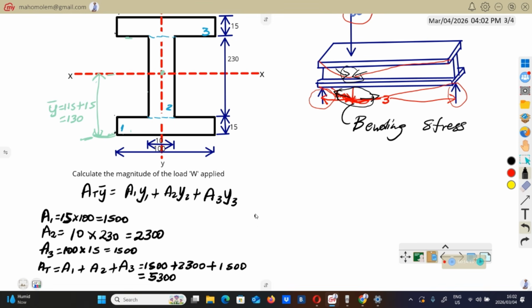Good. So maybe now let's find y1, y2, y3, as you can see from this formula. Okay? Y1, y2, y3.